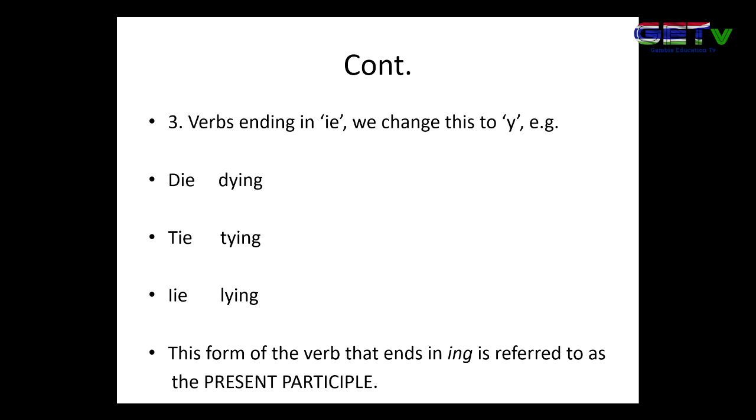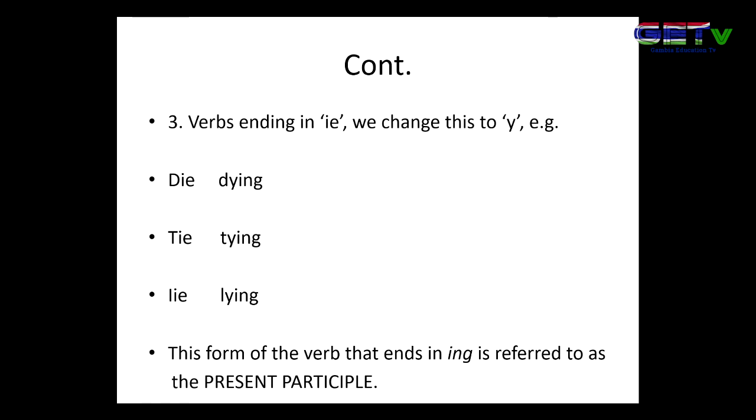Another rule, number 3, verbs ending in IE. We change this to Y. Example, die becomes dying. We drop the I and the E, we replace it with Y. Tie, you use a rope to tie something.